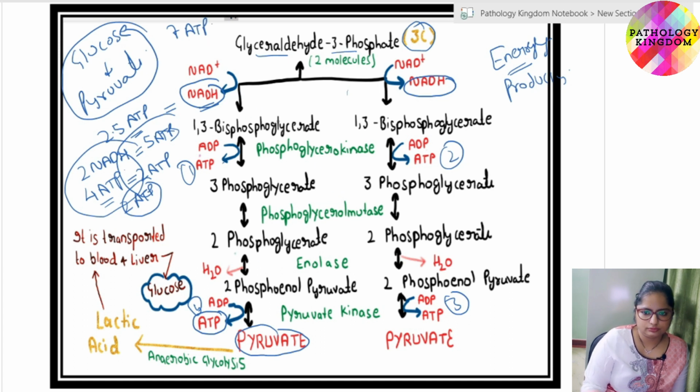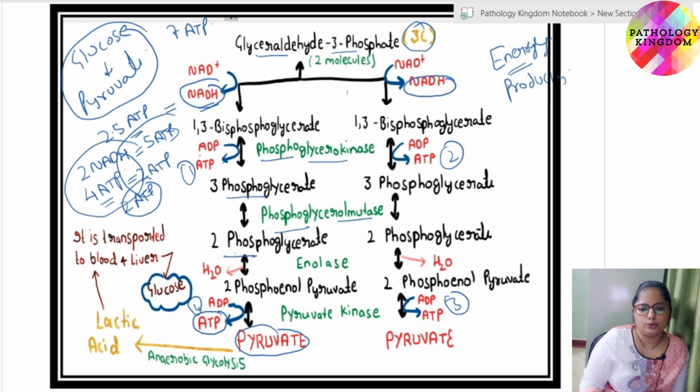Now just discuss the enzymes. Glyceraldehyde 3-phosphate is converted into 1,3-bisphosphoglycerate. Then this is converted into 3-phosphoglycerate with the help of enzyme phosphoglycerokinase. Then this 3-phosphoglycerate is converted into 2-phosphoglycerate with the help of enzyme phosphoglyceromutase.